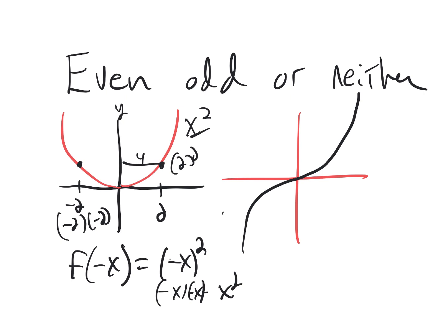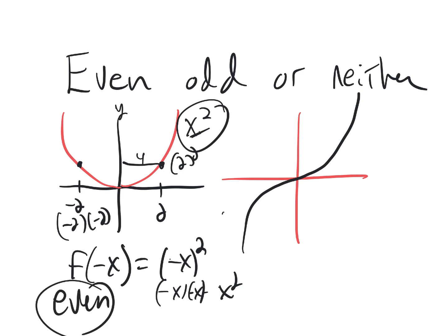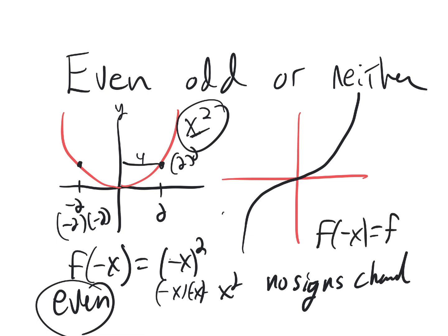So because f of negative x is the same thing as the original function, this is an even function. And even more so, if I drop in negative x, not a negative number and a positive number, but actually negative x, if no signs change, in other words, if f of negative x equals positive f of x, then that's an even function.